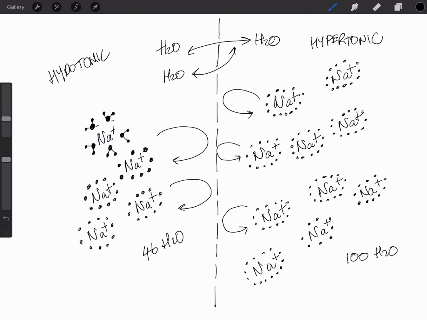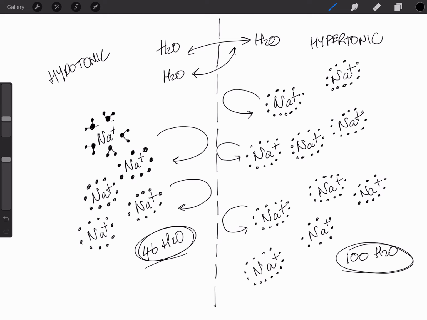On the right, we've got 100 water molecules which aren't able to move, versus about half of that on the left. So what we set up is that we end up with more free water molecules. Free water molecules are the ones which can move back and forth across the membrane, the ones which aren't associated with the sodium. Let's do some math here.